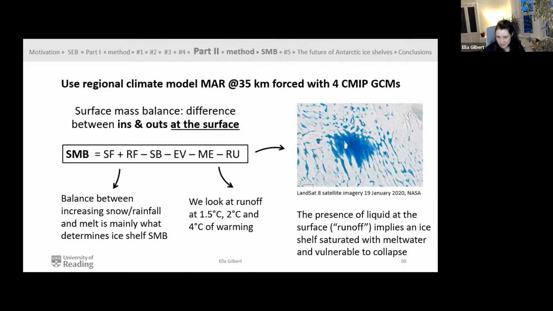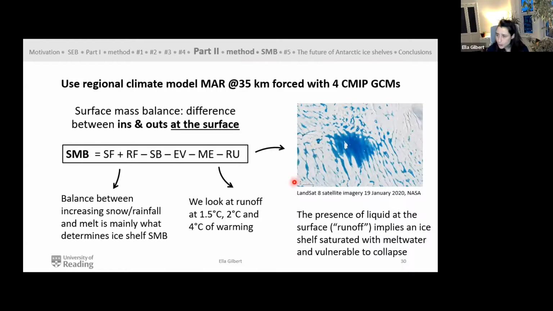So here, instead of thinking about the surface energy balance, we're thinking about the surface mass balance, which is, of course, the balance between inputs, snowfall and rainfall, primarily snowfall, minus sublimation, evaporation, melt, and runoff. So the overall surface mass balance is primarily dictated by the balance between snowfall and melt, and that's the main driver of that balance.